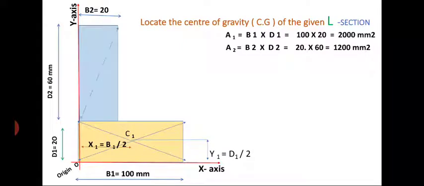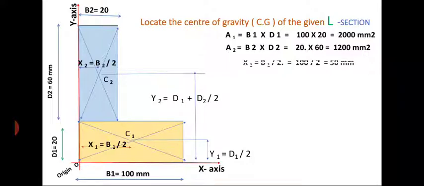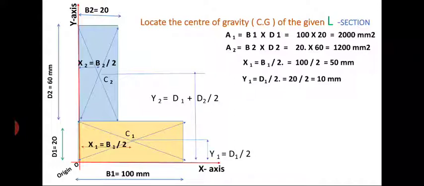Similarly, C2 is the centroid of the vertical rectangle at a distance of x2 from the y axis and y2 from the x axis. Therefore, x1 equal to half of the base of the bottom rectangle, that is b1 by 2 equal to 50 mm, and y1 equal to half of the height of the base rectangle. So y1 equal to d1 by 2 equal to 10 mm.